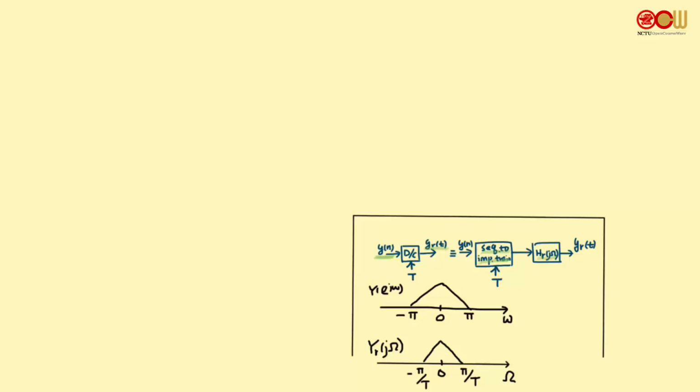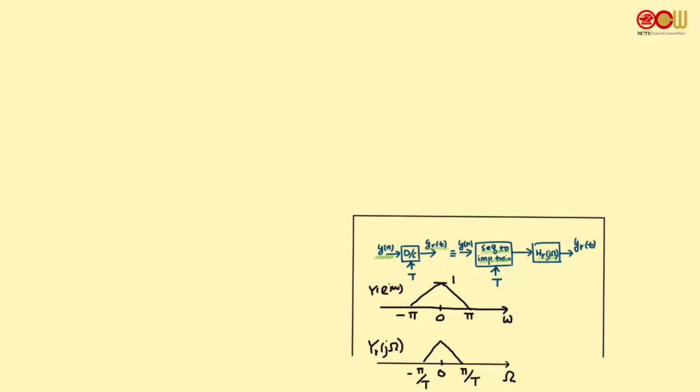As an example, suppose this is the Fourier transform of the sequence y, its discrete time Fourier transform, and the height here is 1. The reconstructed signal y_r(t) is a continuous time signal, and its Fourier transform is going to have the same shape as y, but it's a frequency scaled version.